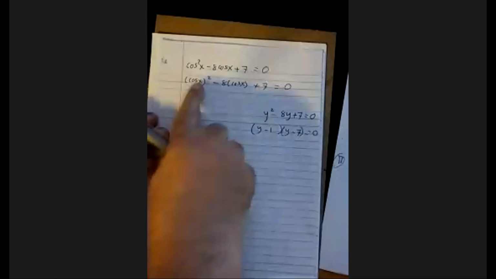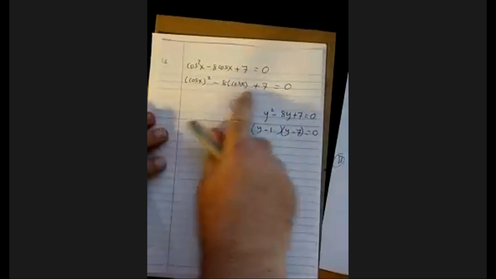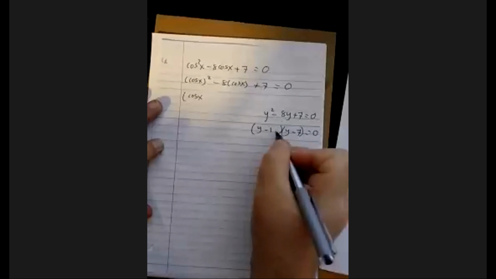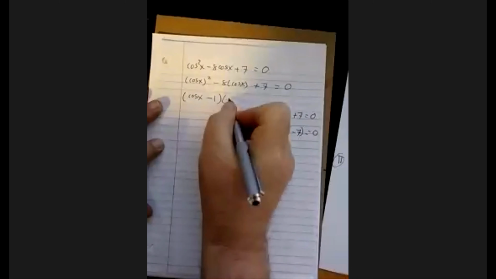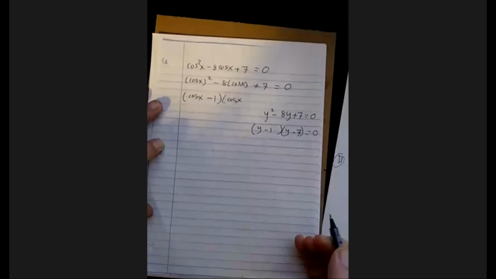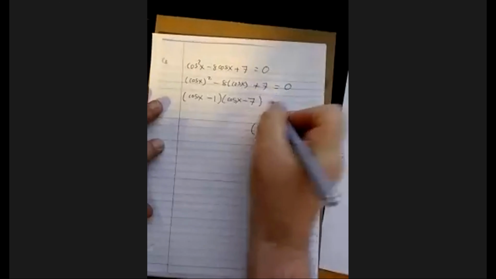So that's like y squared, take away 8y plus 7. So that means I should be able to factor it. It's going to be (cos x - 1)(cos x - 7) = 0. Put a little bubble around this so it doesn't distract me.